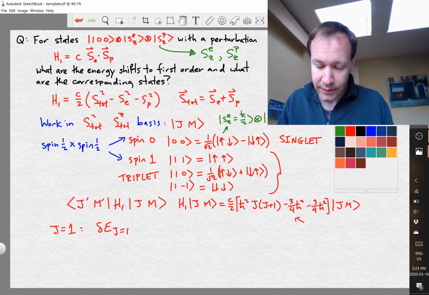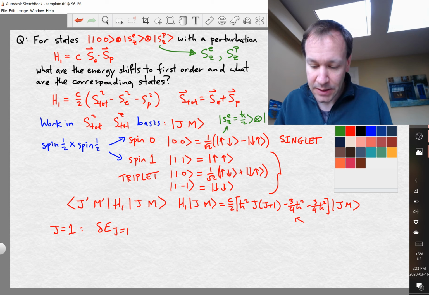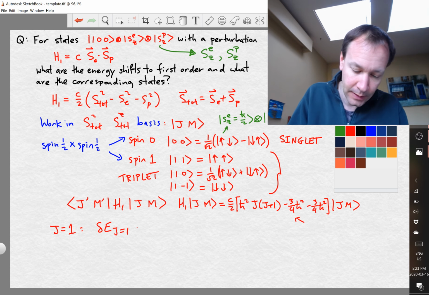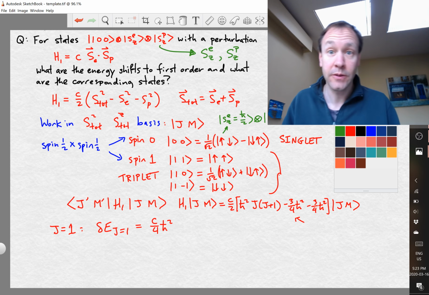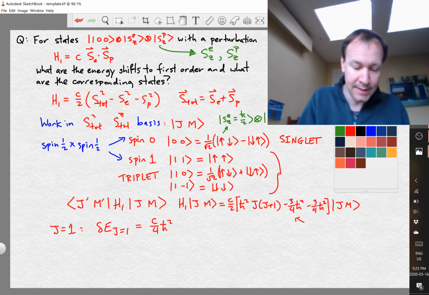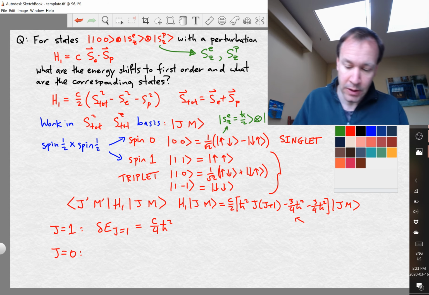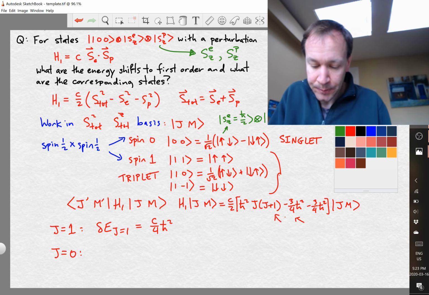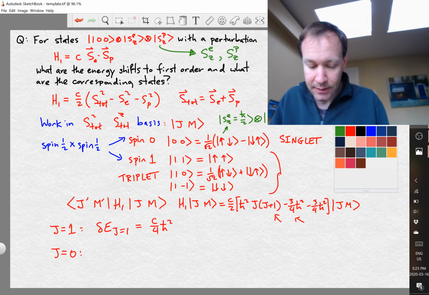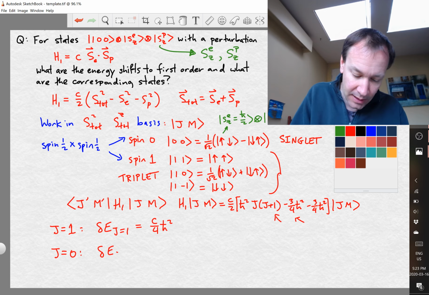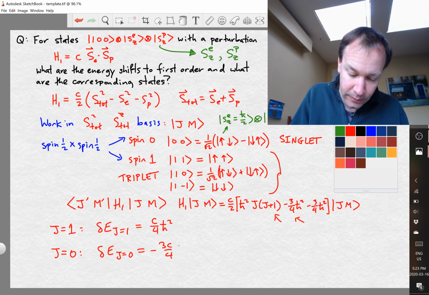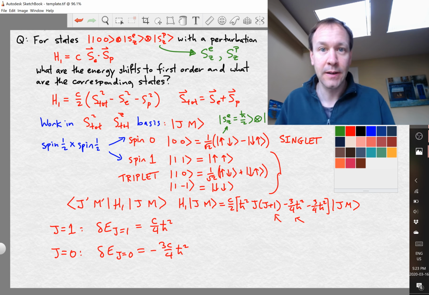That gives me c over 2 times 2h bar squared minus 3 halves h bar squared. So that is c over 4 h bar squared. And then for j equals 0, we plug in j equals 0 to our formula, and that turns out to be delta E for j equals 0 equals minus 3c over 4 h bar squared.